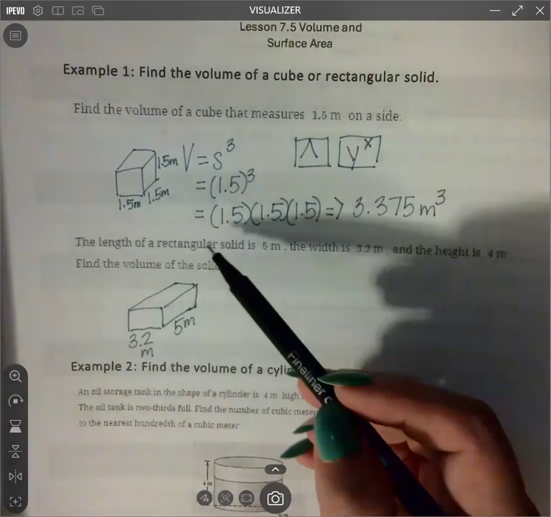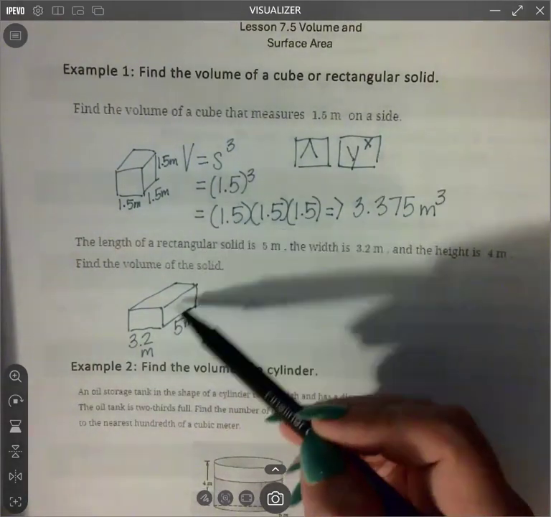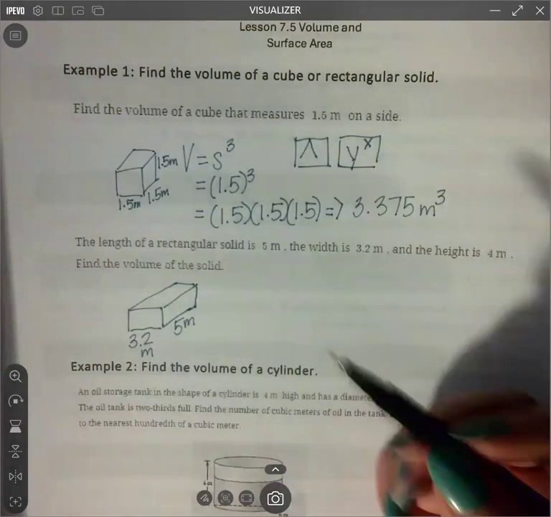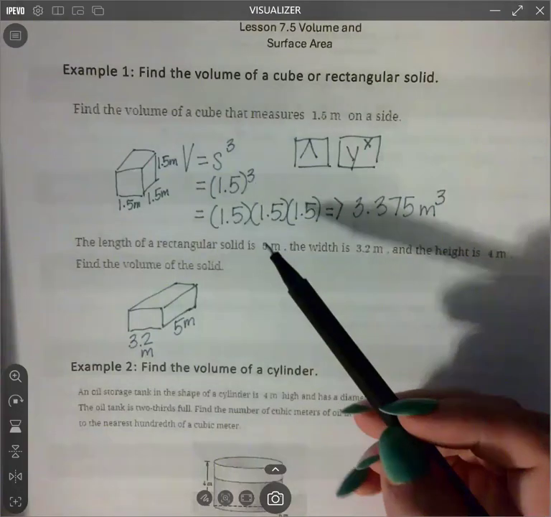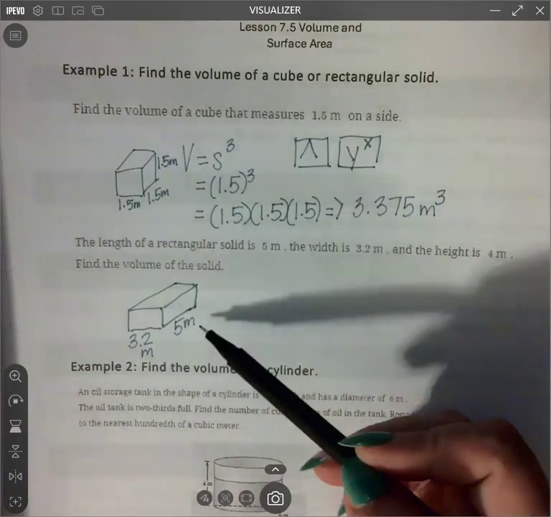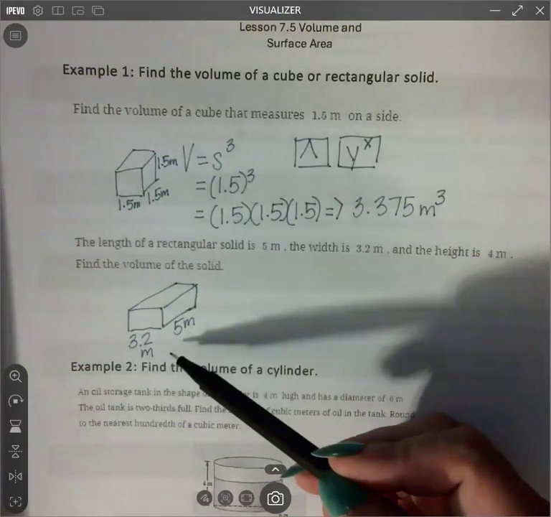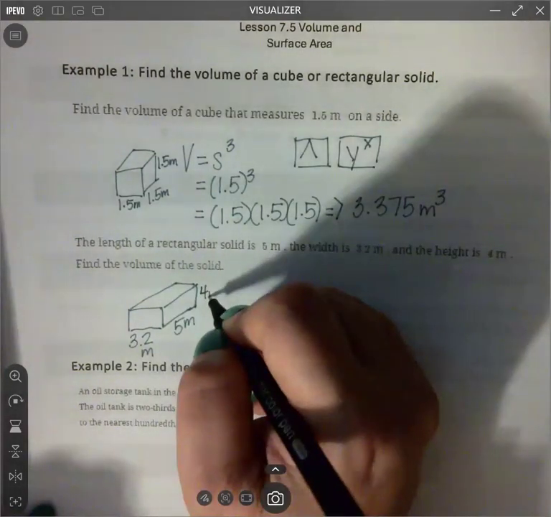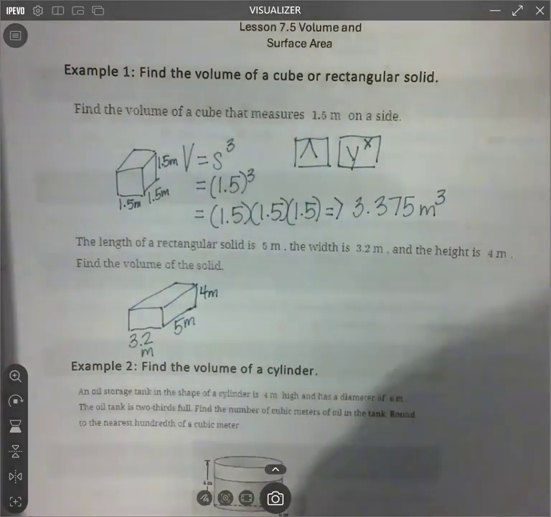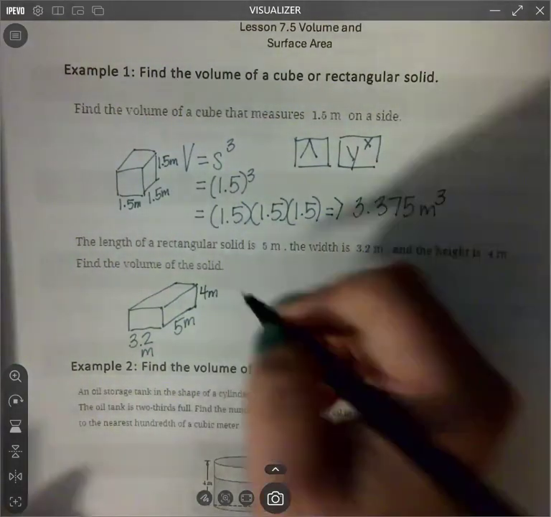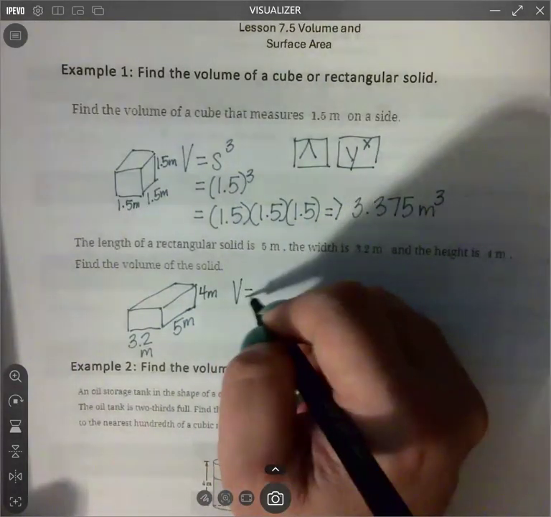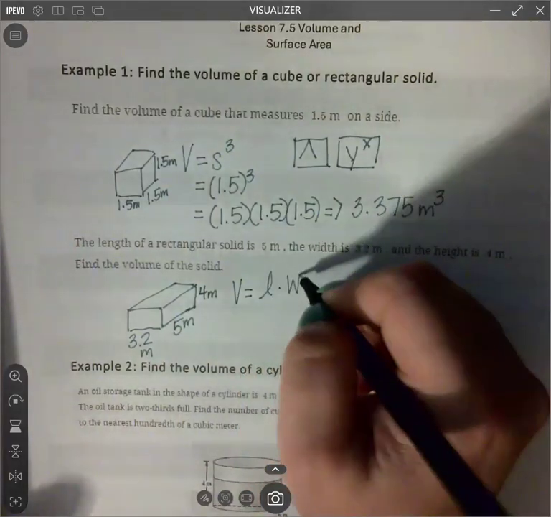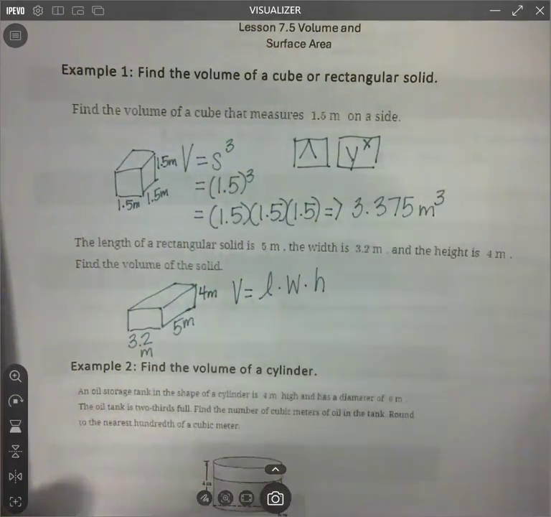The only difference in a rectangular solid is all of our faces are going to be rectangles. So I've drawn a picture here, and the length it says is 5 meters, the width 3.2, and then the height is 4 meters. So as you are getting started, the volume of a rectangular solid formula is length times width times height.